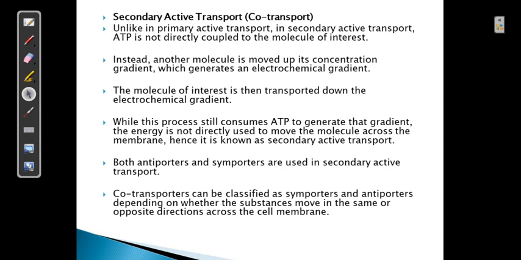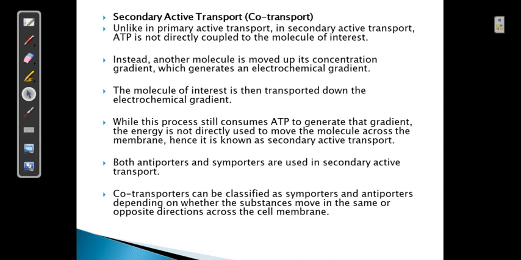The molecule of interest is then transported down the electrochemical gradient. As this process still consumes ATP to generate the gradient, the energy is not directly used to move the molecule across the membrane, so it is known as secondary active transport. It utilizes co-transporters. Co-transporters may be of two types, antiporters and symporters.